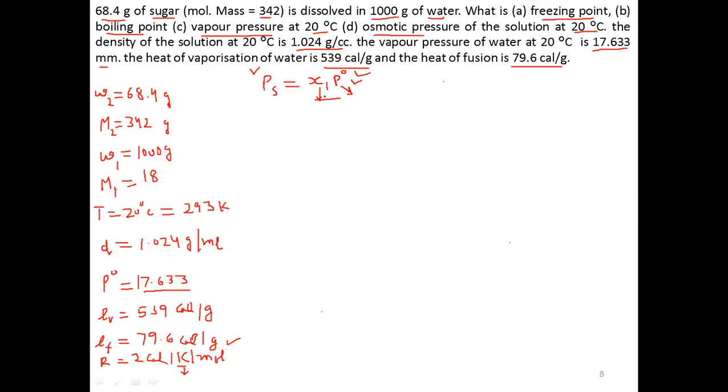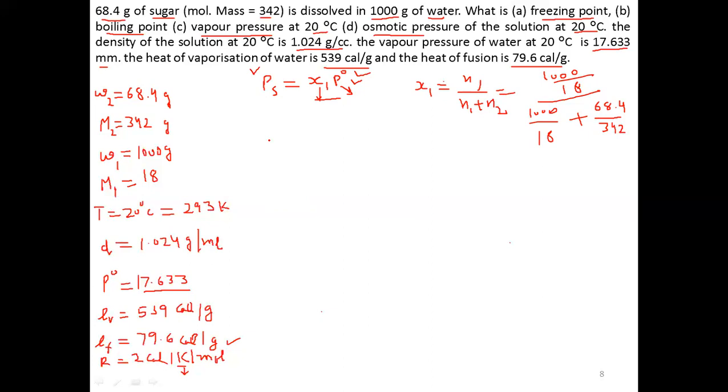Now we just have to calculate mole fraction x1 of water. The mole fraction x1 is the number of moles of water n1 divided by n1 plus n2. Now calculate n1: weight of water is 1000, molecular weight is 18. So 1000 by 18 divided by 1000 by 18 plus n2. n2 is 68.4 divided by 342.